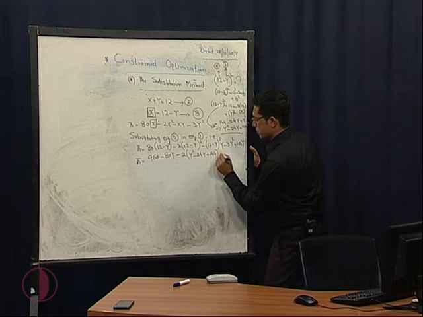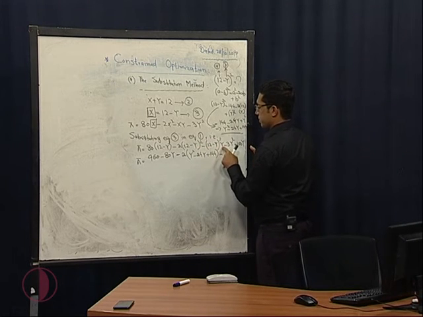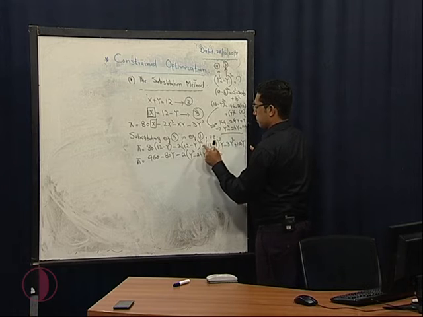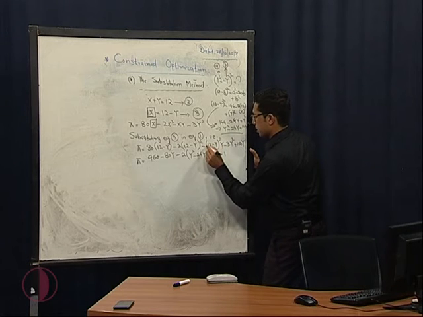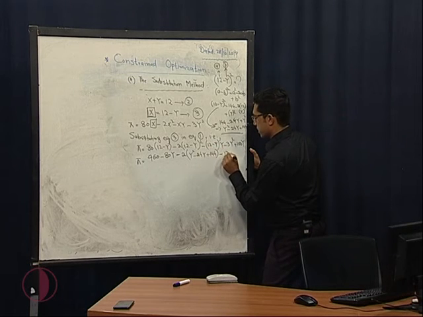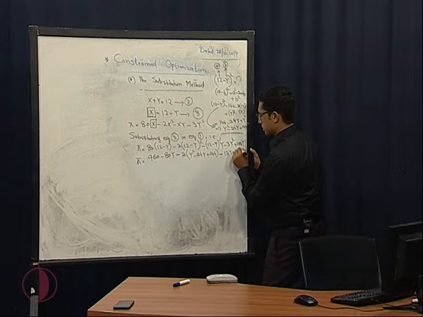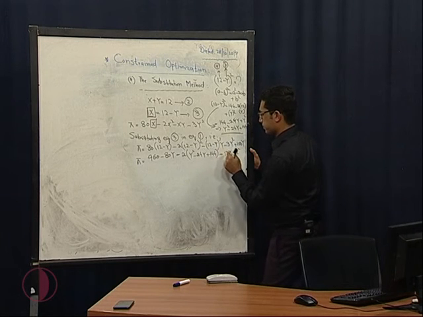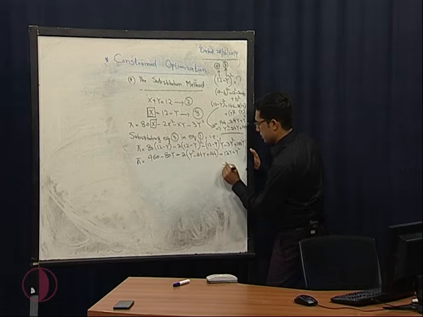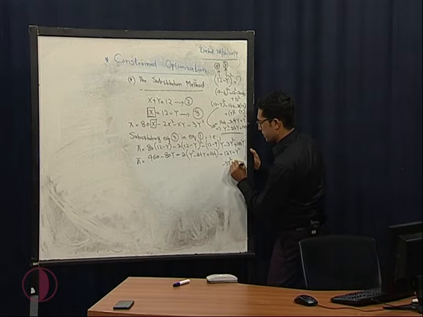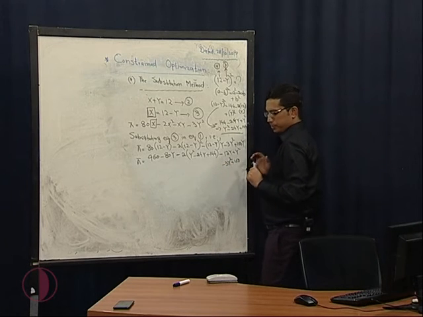Minus (12 minus y) multiplied by y, which gives minus 12y plus y square, minus 3y square plus 100y.